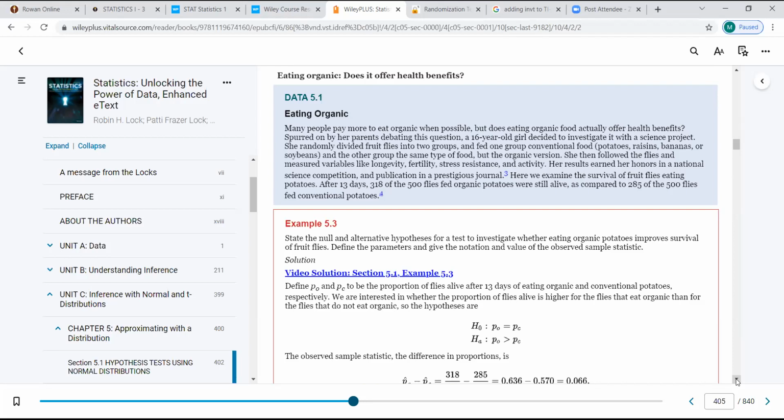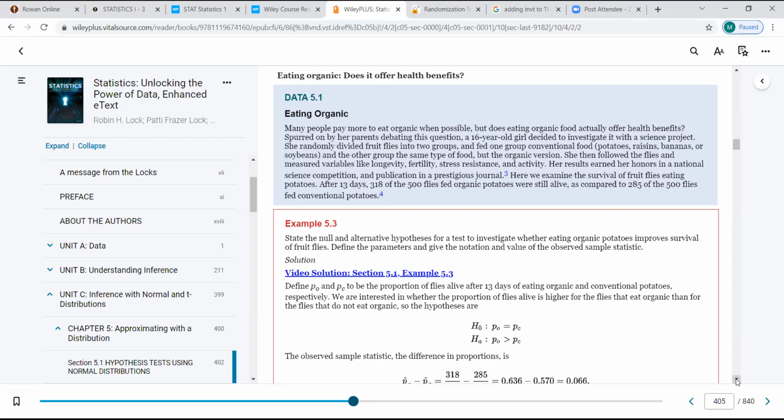And then 318 are the number that are still alive. Now, obviously, this is sort of like a binomial, right? Because if 318 are still alive, then the remaining of the 500 died. So 318 lived after 13 days, and the remaining 182 of them died.